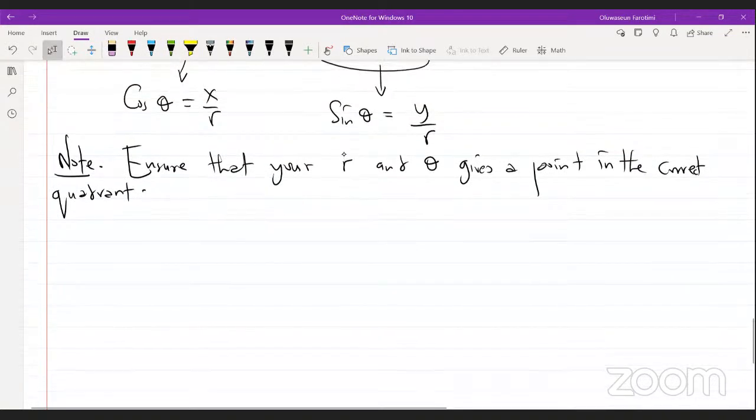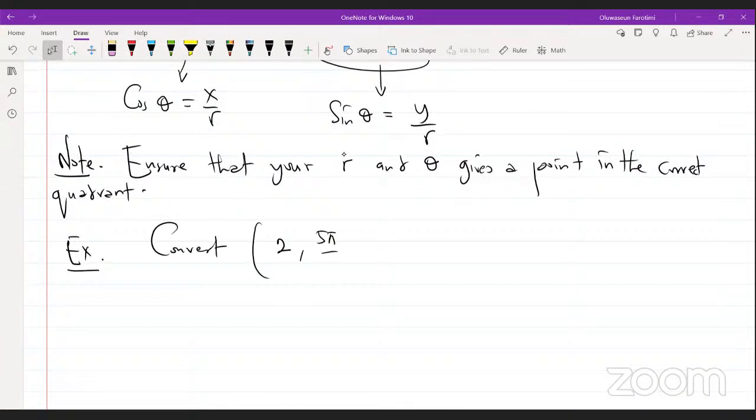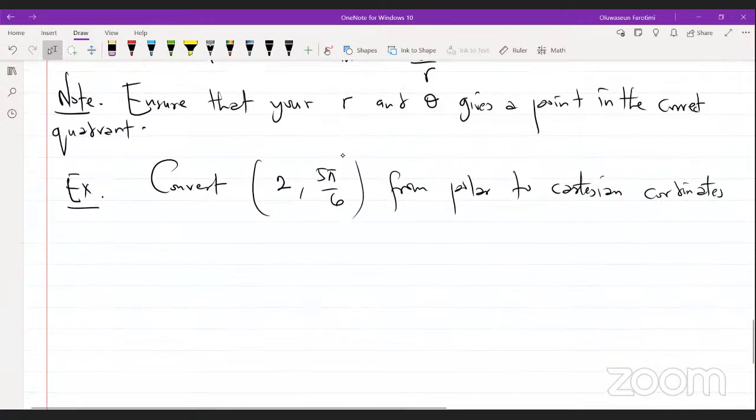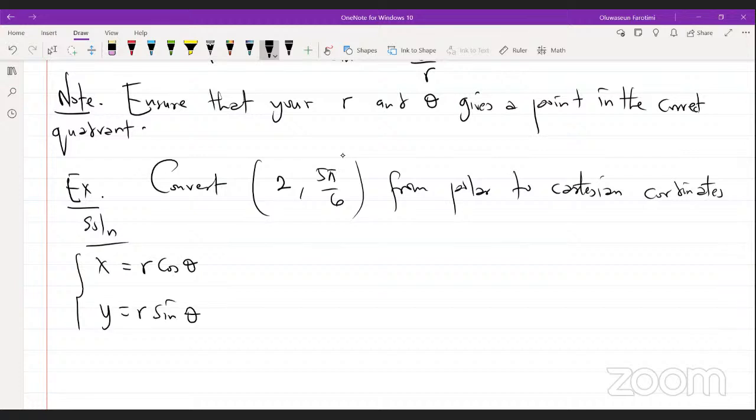So let's do some examples, guys. Example: convert, going from polar to Cartesian coordinates. Solution: we have the formulas x equals r cosine of theta, and y equals r sine of theta.